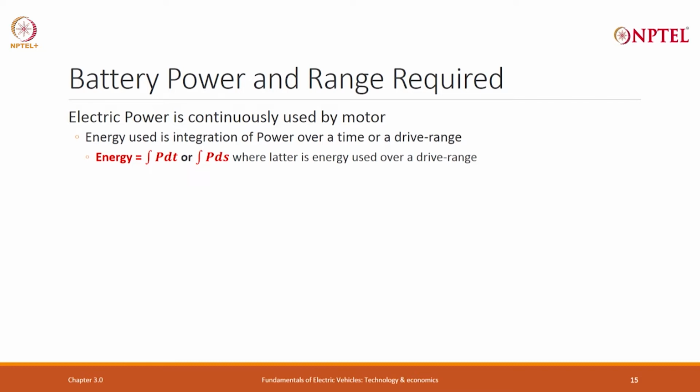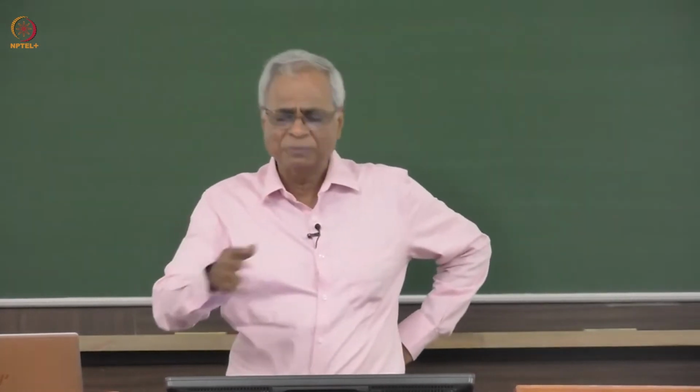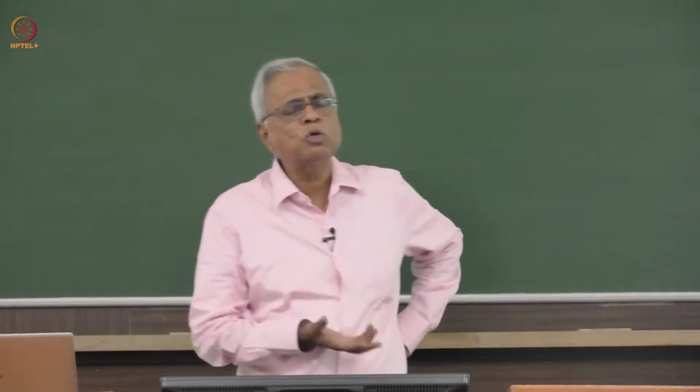Electric power will be continuously used by a motor. So, what is the total energy that is taken out from the battery? What is the total energy used? Energy is always power integrated over time or power integrated over distance. If you are figuring out power versus distance, it is power integrated over distance, or you can say power versus time, in which case you integrate over time, and this will tell you the total energy that is consumed.